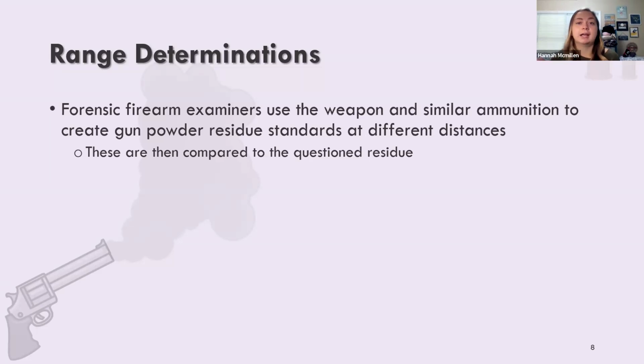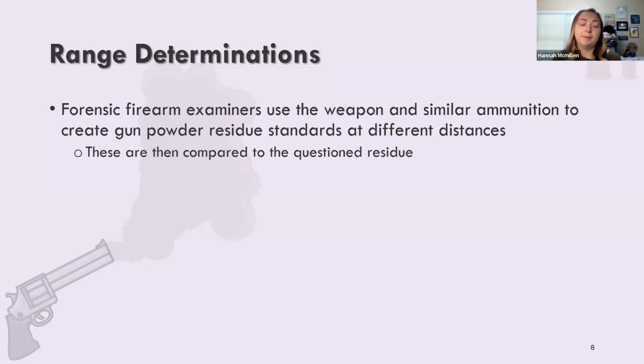So we'll do close contact, we'll do loose contact, we'll do close, we'll do intermediate range, and then we'll do an indeterminate range. So we can understand how the gunshot residue will position itself against a different target, so we can get an idea of how that specific firearm allows for the gunshot residue to spread out and smoke out, and then we can compare the range determination standards that we have just now created to our questioned residue from the scene.